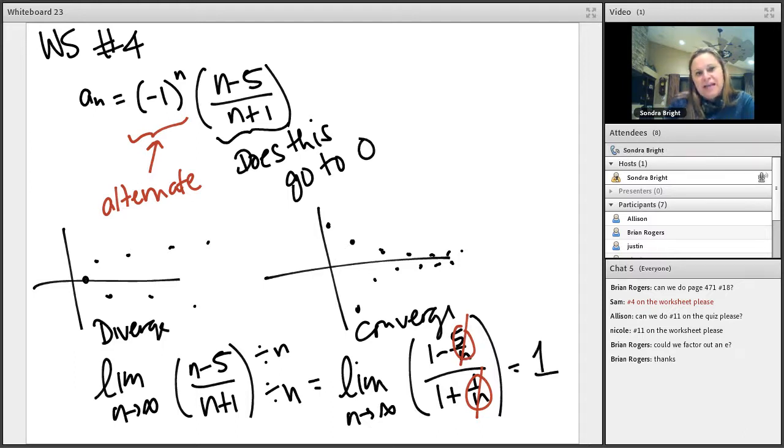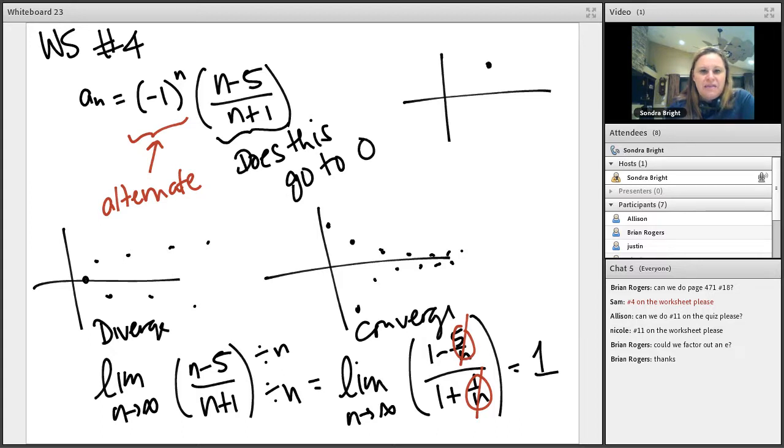So basically, as n goes to infinity, this guy ends up being something like 1. You could also just start plugging numbers in, right? When you plug a 1 in, you can find the terms. So what would a1 be? It would be 5. Okay, so you start off with 5.